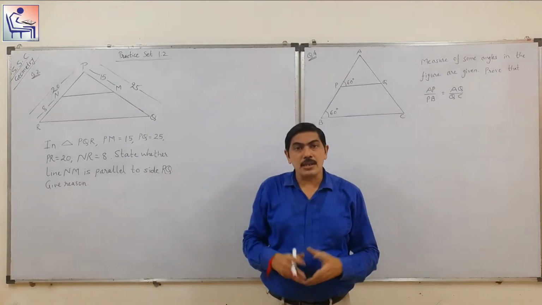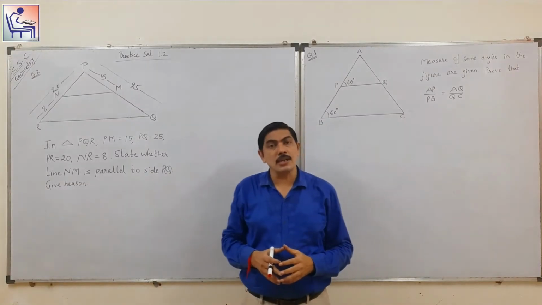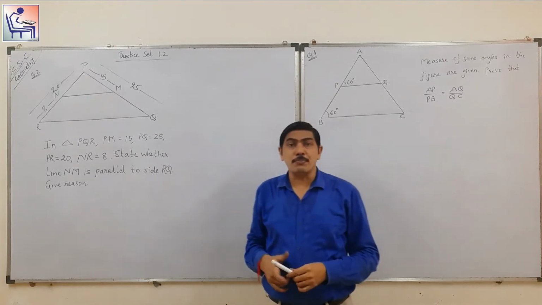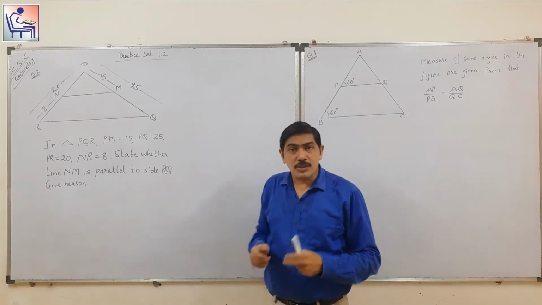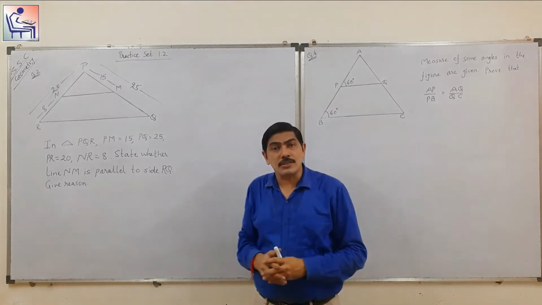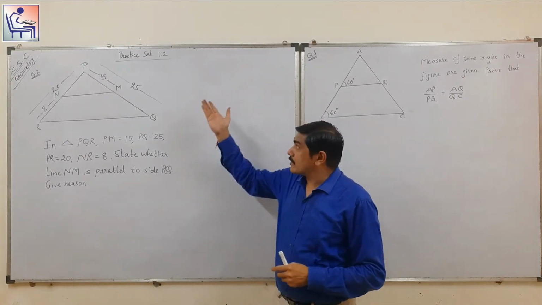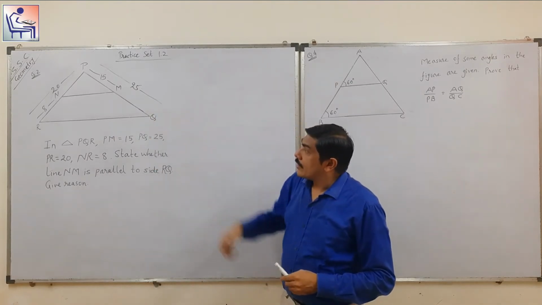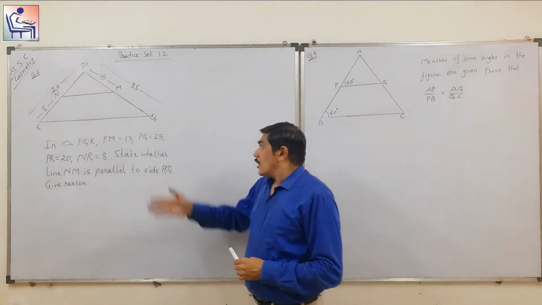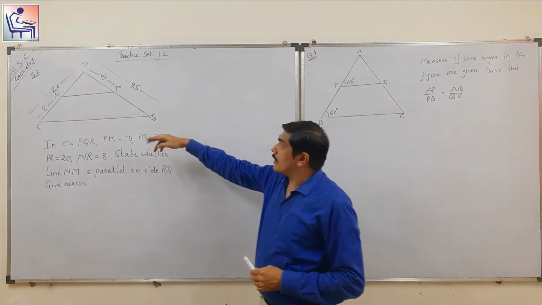After understanding the concept of basic proportionality theorem and the converse of basic proportionality theorem, we are doing the sums related to that particular concept. So practice set 1.2, question number 2. Here you are given a triangle. In triangle PQR, PM is equal to 15.